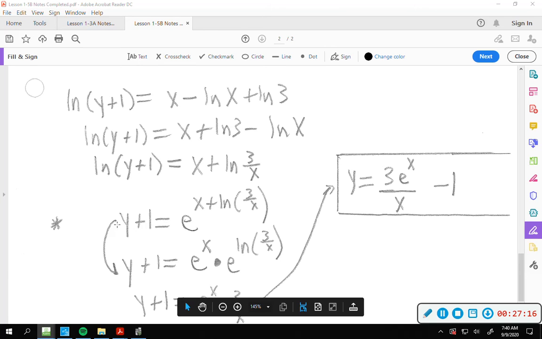When I'm going from this step to this step, I'm simply using the Algebra 1 property that says this. When I multiply like bases, I can add the exponents. I'm just using that property in reverse right here. If I'm adding exponents, I can write it as a multiplication of like bases.